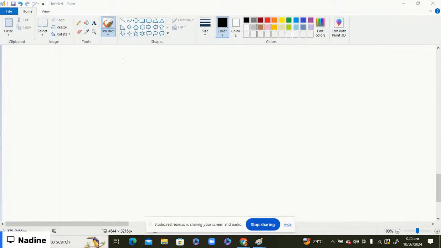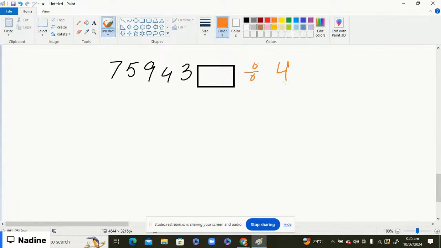For example, if I write it here, so here is the missing place. Okay, and they are saying that it is divided by 4. How is it possible? It may be 2. First of all, we're going to study that one.